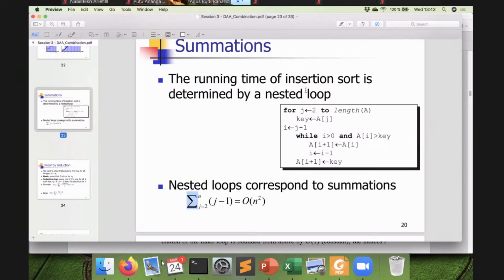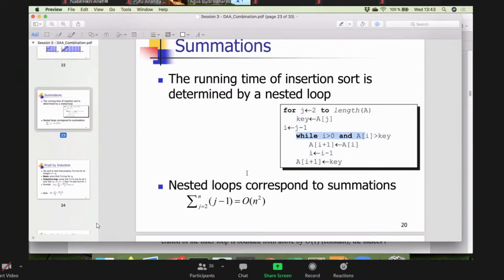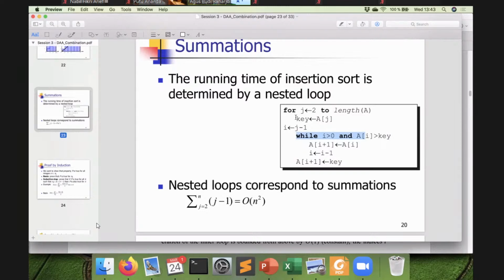Random assertion sort is to determine the nested loop over here, which corresponds to summation. Over here, you see the nested loop, this one and this one, the looping. G minus 1 is big O, because this is the length of A, and the maximum is A, so we can say it's N square. Summation.